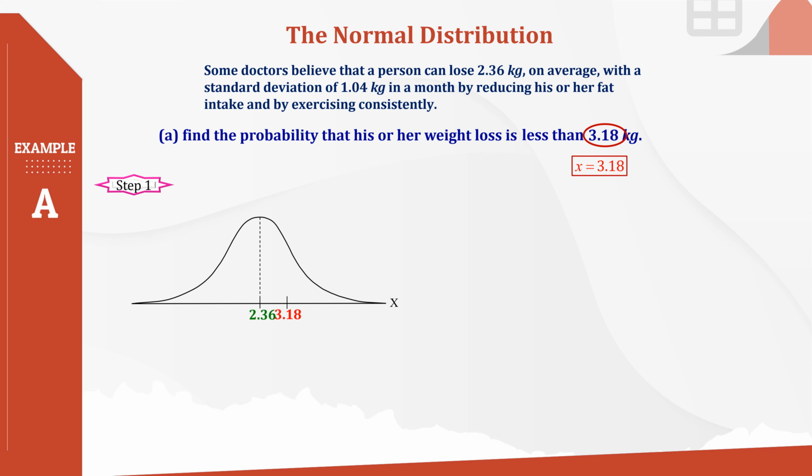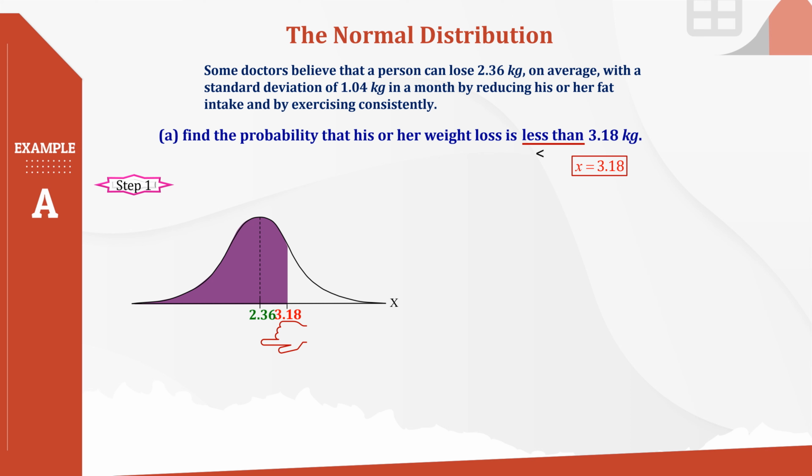Think about the x line as a number line of weight loss values. We are at 3.18 now. Then read the question as less than, which means the left side of 3.18. We shade all the way to the left tail from 3.18. That is our desired area.